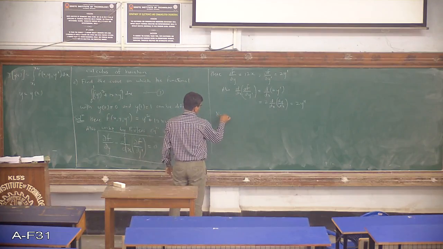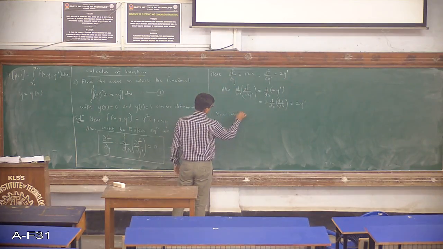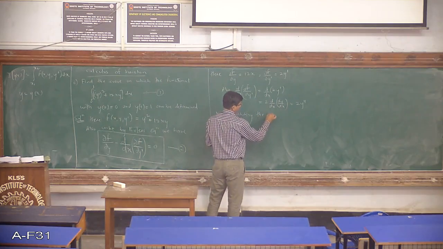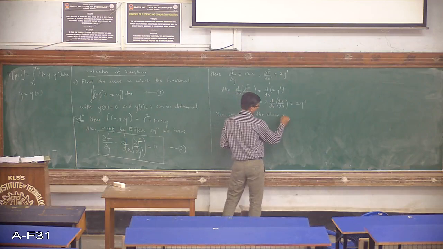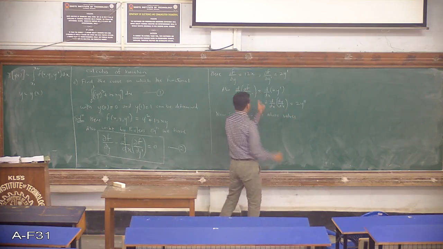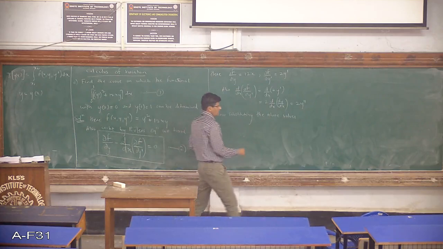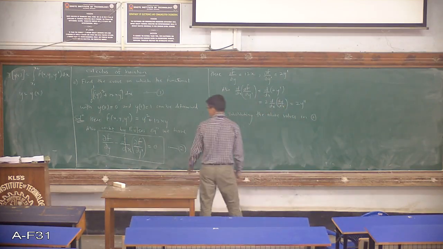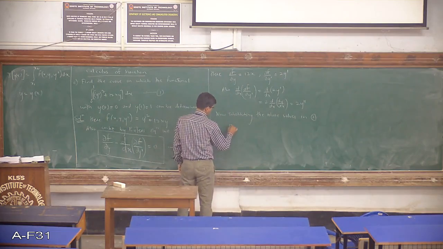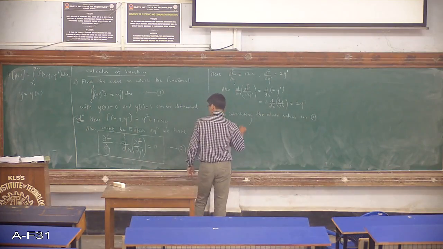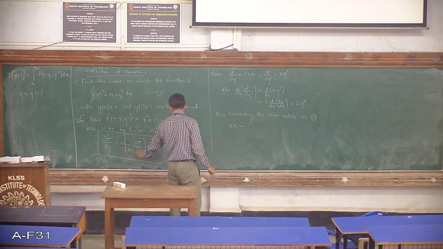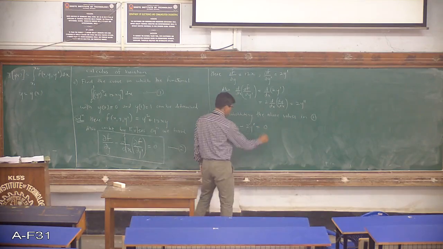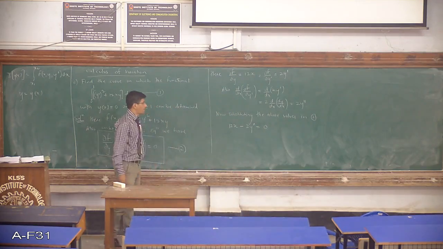Now substituting the above values in equation 2, that is dou f by dou y, it is 12x minus d by dx of dou f by dou y prime, it is 2y prime, equal to 0, right?